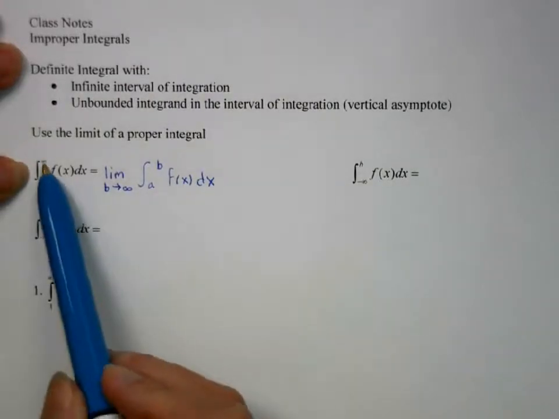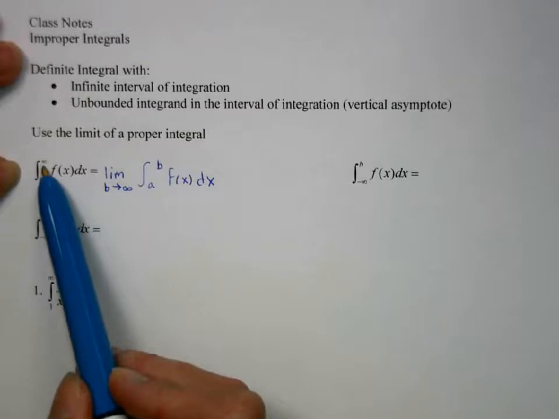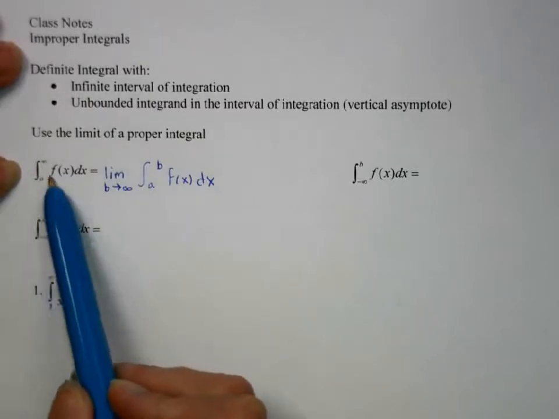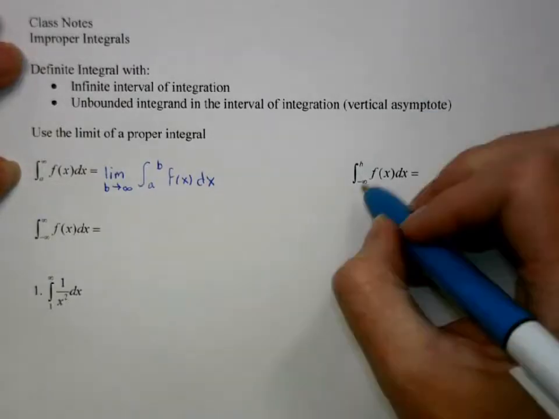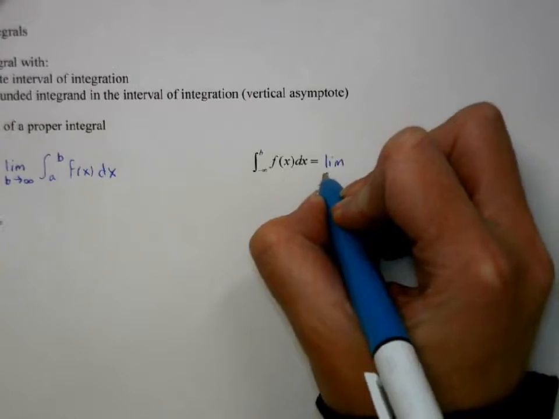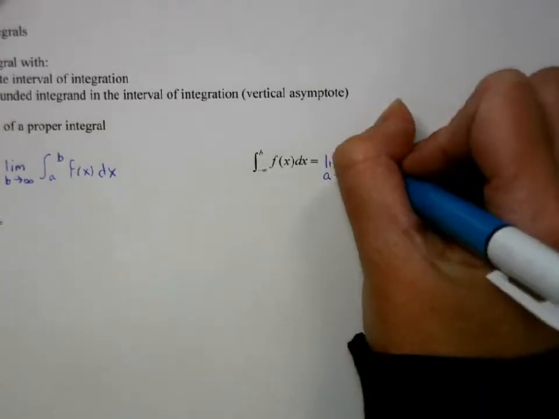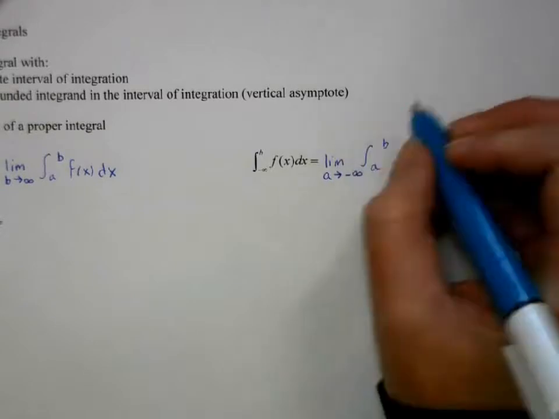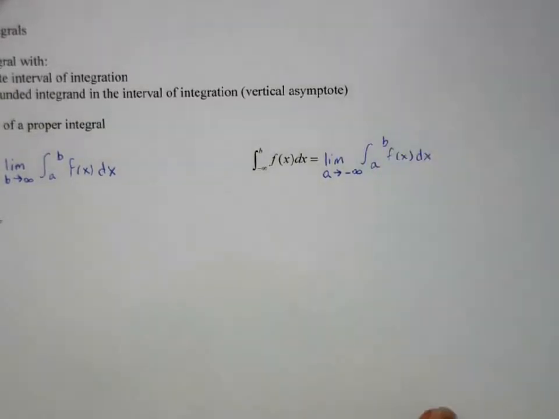Typically, if we're replacing the top limit of integration, we replace it with a b. If we're replacing the bottom limit of integration, we use an a. So that's what we'll use here. This one can be rewritten as the limit as a goes to negative infinity of the integral from a to b of f of x dx.